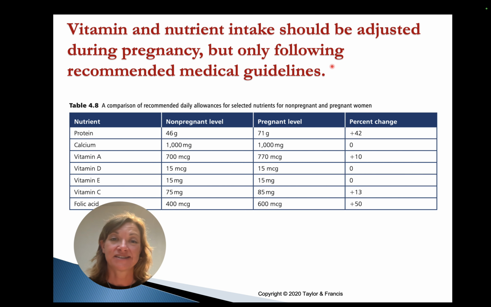Worse, they're not necessarily innocuous. They have the potential themselves to be teratogenic. So medical guidelines suggest key changes in protein and select vitamins. Going beyond that can pose a risk to developing babies.